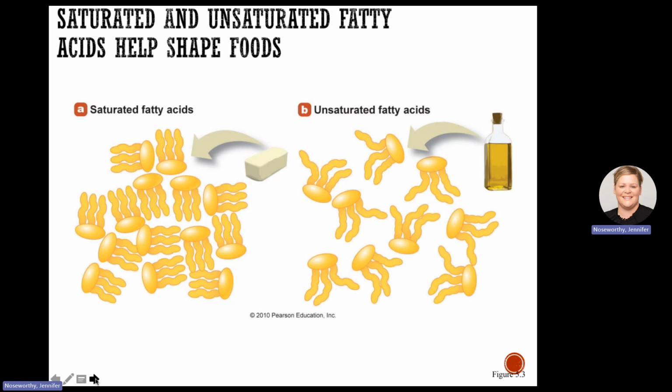One reason for that is they are a good source of this category of unsaturated fatty acids. They are loosely packed together and at room temperature are in a liquid form. Conversely, saturated fats, because of their composition, tend to be packed more tightly together and are solid at room temperature. And we'll talk more about why that's important later on.